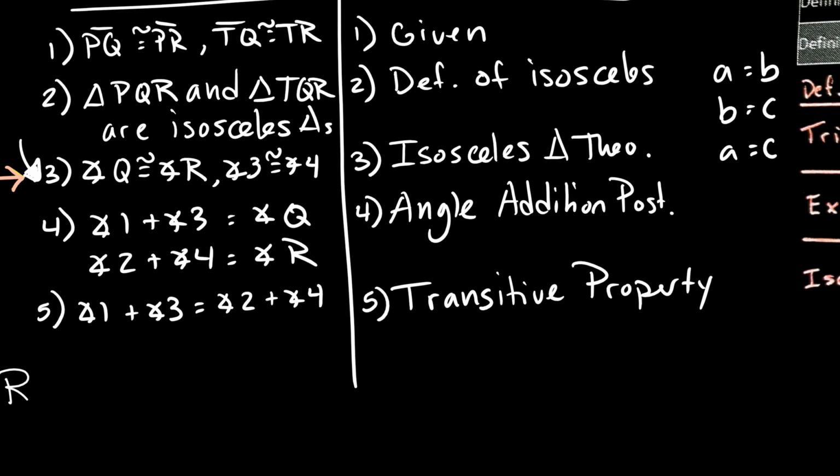3 is the same as 4. How? Okay, what can I do? What can I substitute? I know 3 is congruent to 4.